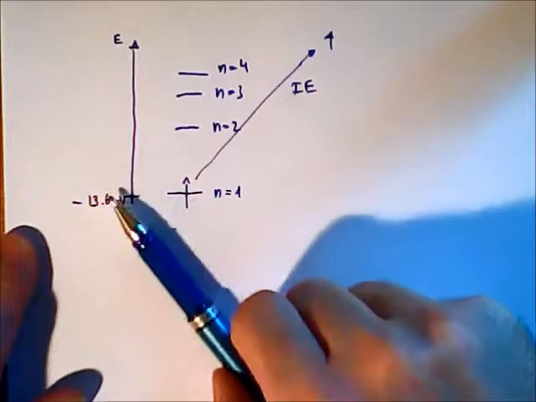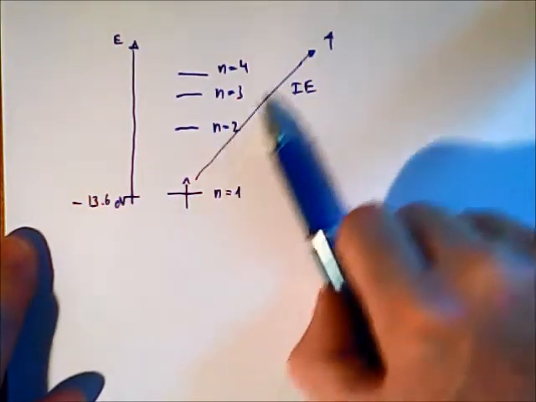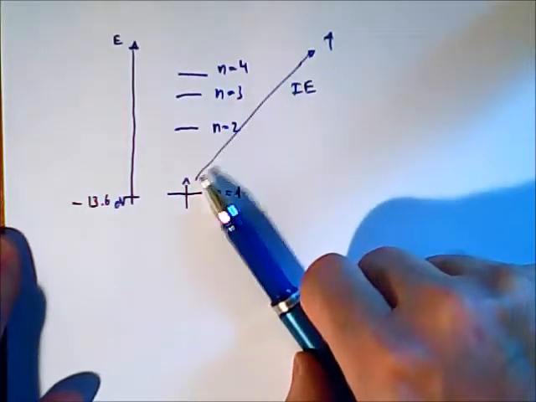So if we put this energy, 13.6 electron volt, into 1 electron, it will leave the atom and cannot come back.